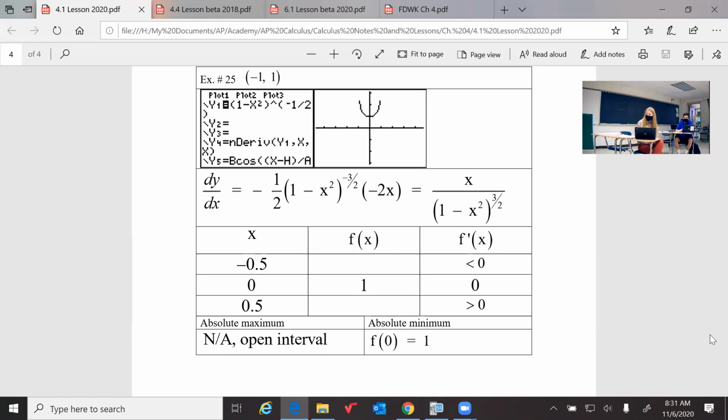What's going on? It's an open interval from -1 to 1 for the parent graph. The graph can't take on the values 1 or -1, because that would make the denominator 0.